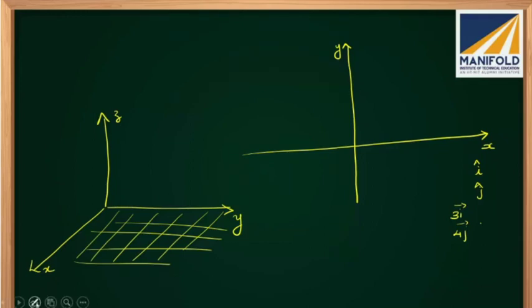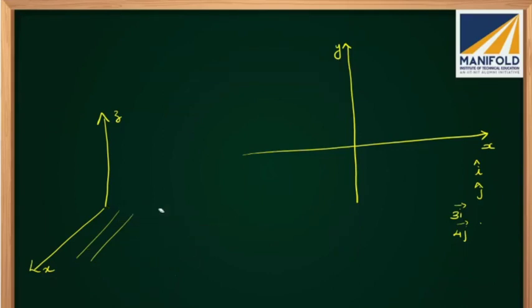Now we'll learn it in detail. For the time being, let us consider 2-dimensional planes, because it is easier to visualize any vector in a 2-dimensional plane than in 3-dimensional or higher dimensions. So let us consider a column vector A.